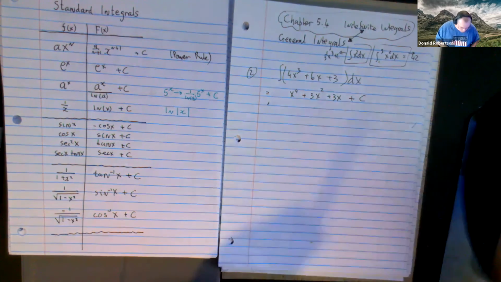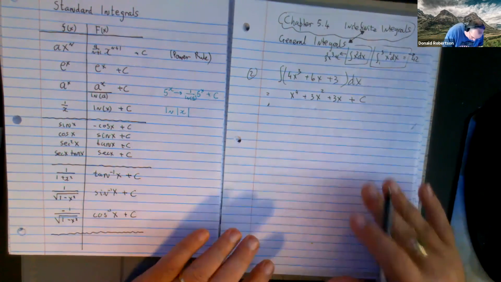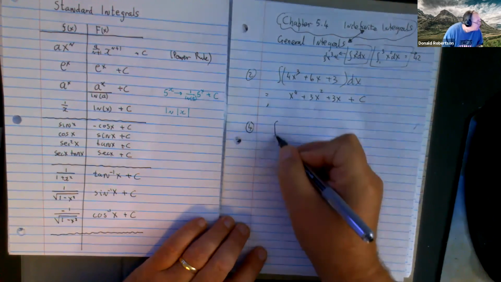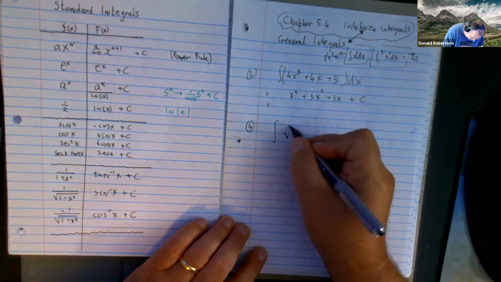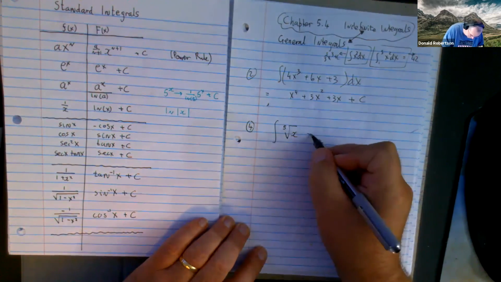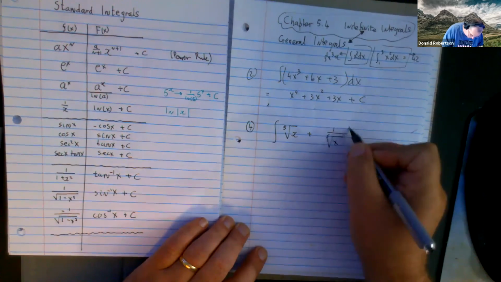Oh, cool. Yeah, we've got 3 minutes. Let's look at some weird ones while we're finishing. How about this fella? I like weird ones. I like puzzles. The 5th root of x plus 1 over the 5th root of x.